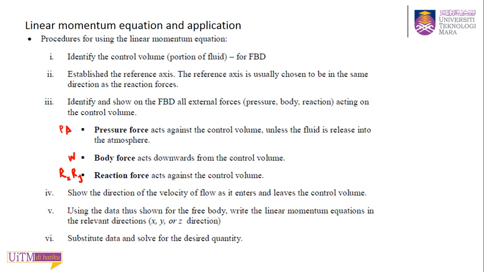And the fourth step, using the data given in the question, you can write your linear momentum equation: summation of F equals rho Q delta V. So add everything that you have labeled to write your linear momentum equation.